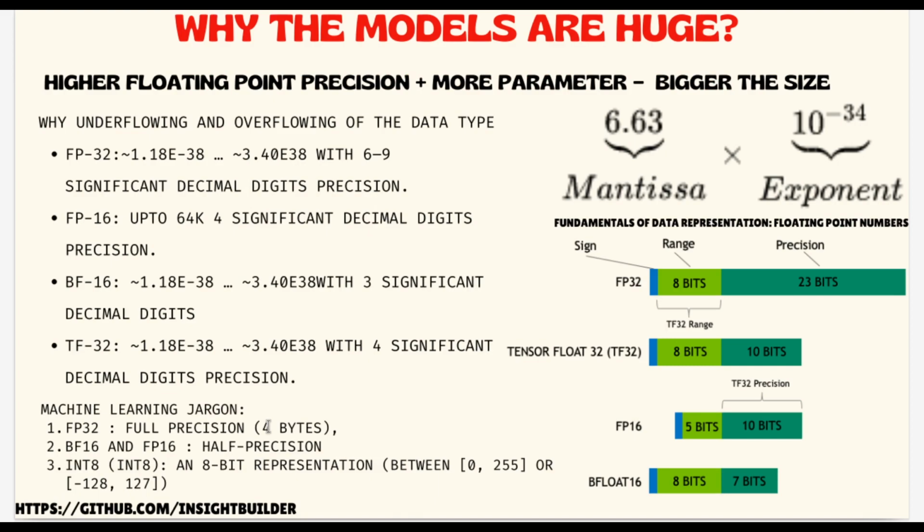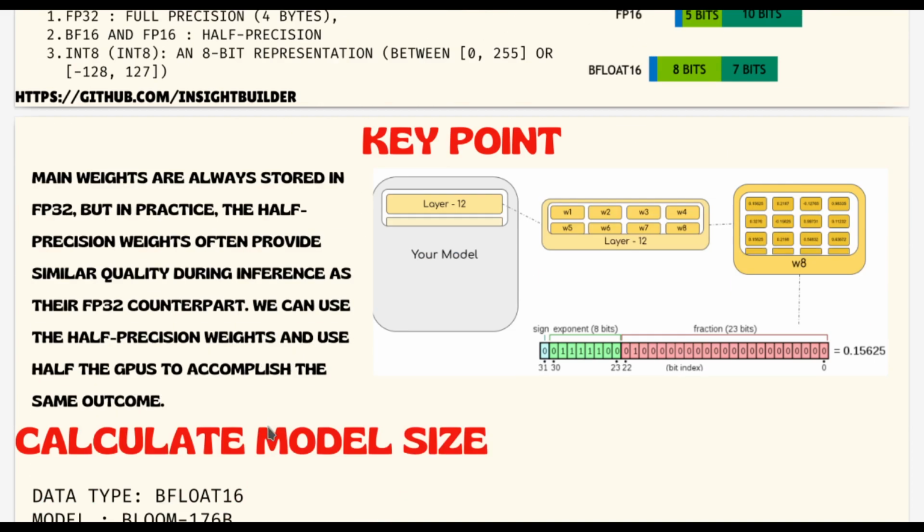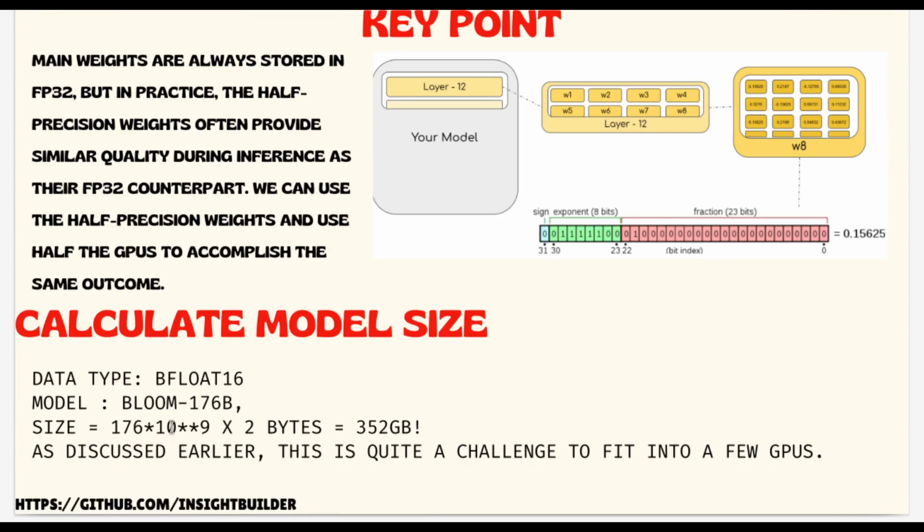So it will become 176 into 10 to the power 9 multiplied by 4. That is twice this value. That is almost 700 GB of random access memory, which is insane, right? Who will have 700 GB of random access memory? It's pretty rare that someone has that.